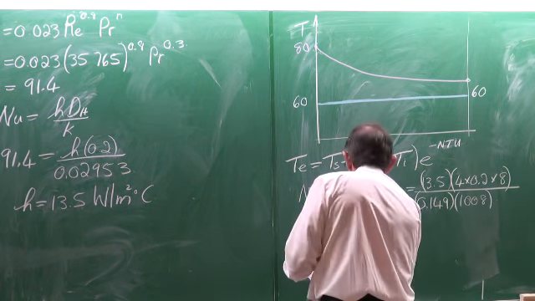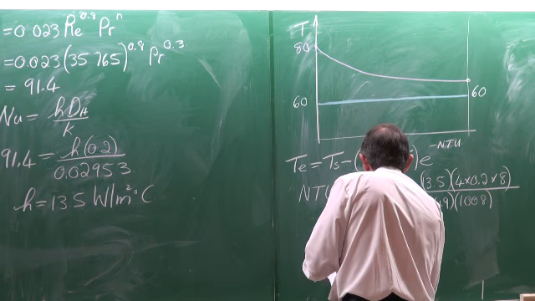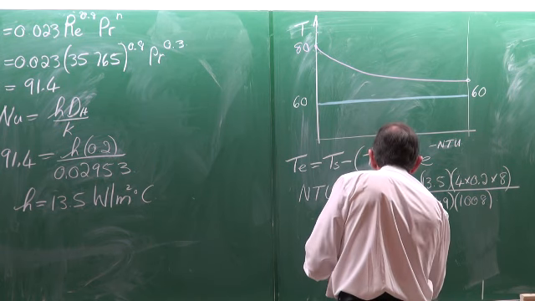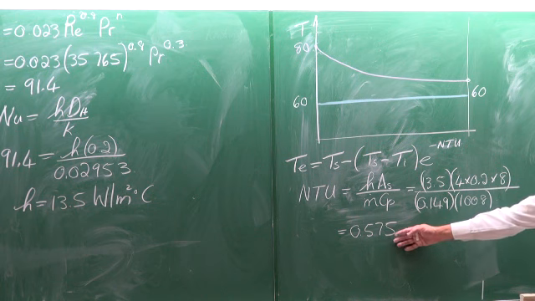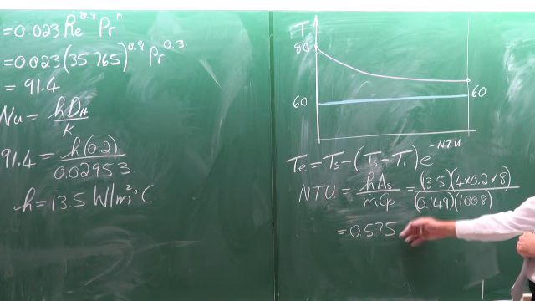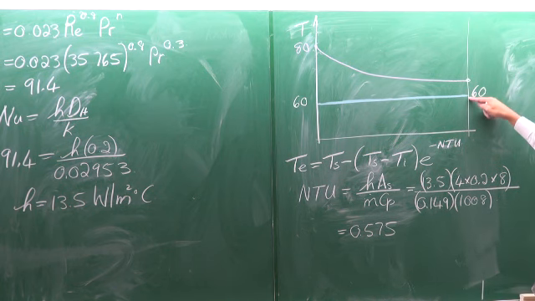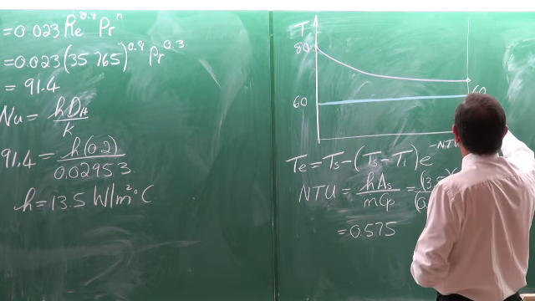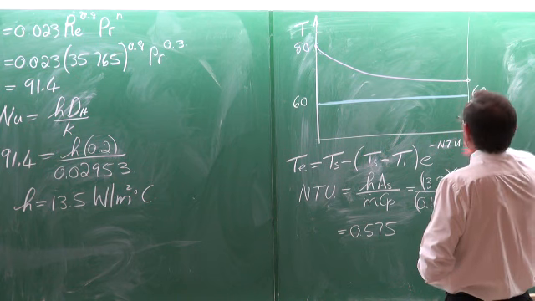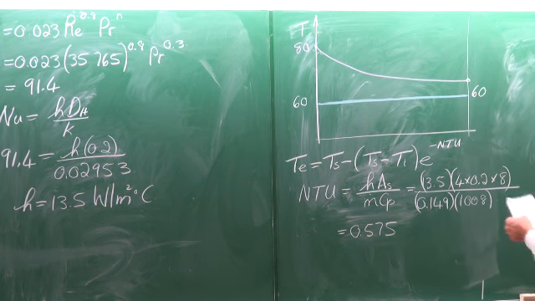So from this, we can calculate the NTU is equal to 0.575. The NTU is relatively low. If it were approximately 5, then this outlet temperature would be very close to 60 degrees Celsius. Okay. So it is less than 5, so it would be quite far from 60 degrees Celsius.